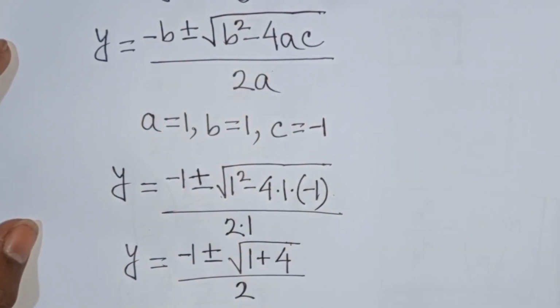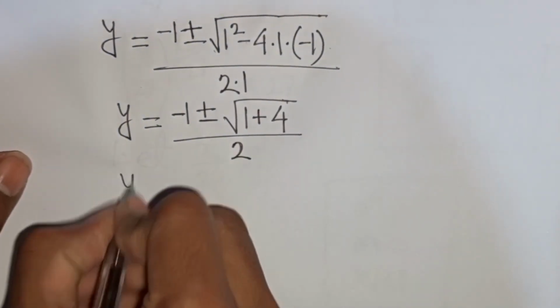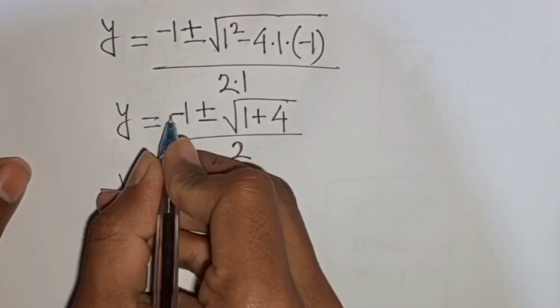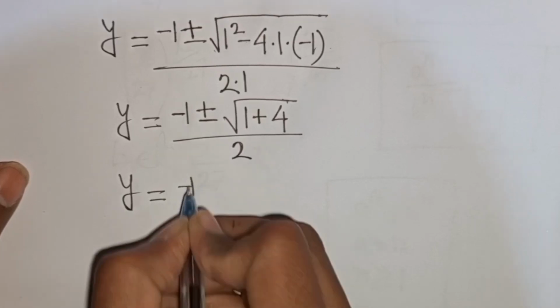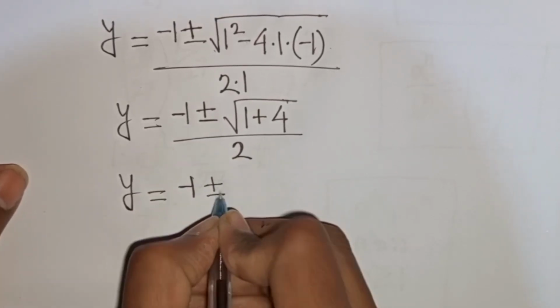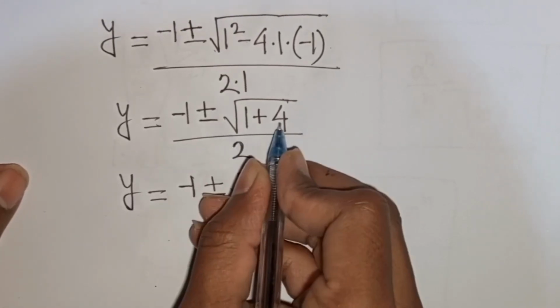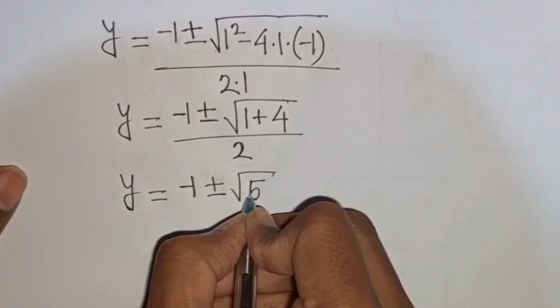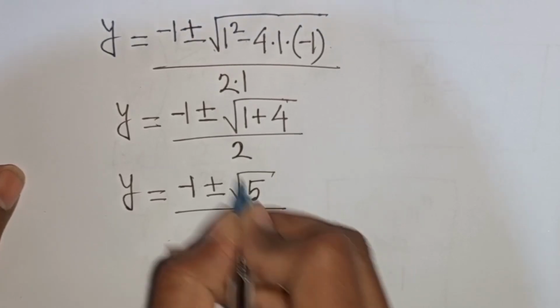Now I can write y is equal to minus 1 plus or minus square root of 1 plus 4, that means 5, divided by 2.